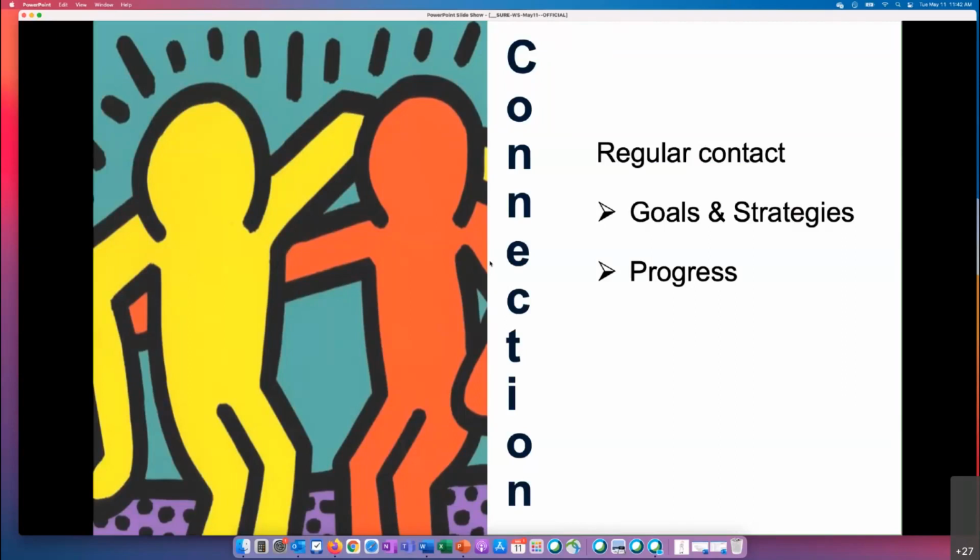It's touching base, explaining your goals and some of your strategies, and sharing what you're accomplishing. Then next time you meet, accountability is talking about progress, what worked, what didn't, and changes, and hearing what they have to input. So it's really a sounding board, which can help increase the motivation.